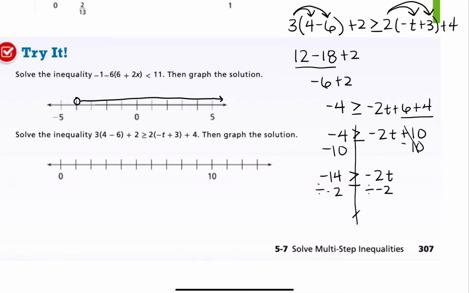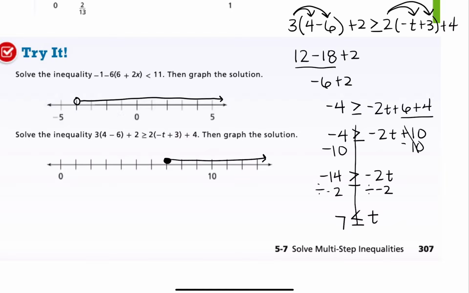I divided by a negative, so I have to flip that sign. T is the only thing over here, and that leaves me with a positive 7 over here. So I need to make a closed dot at 7. And t is more, because the alligator wants to eat t, so we go this way.